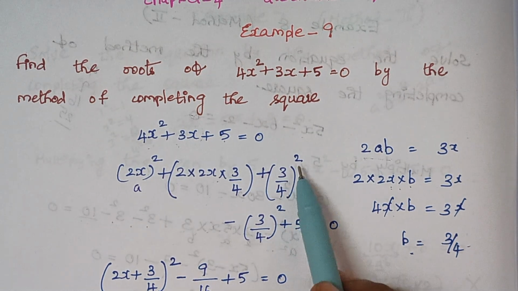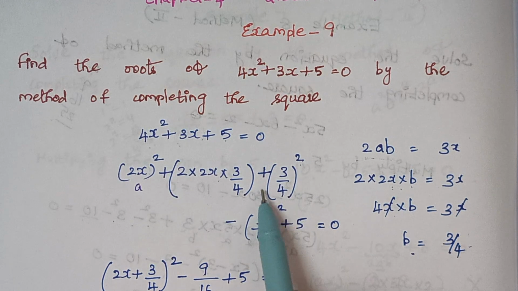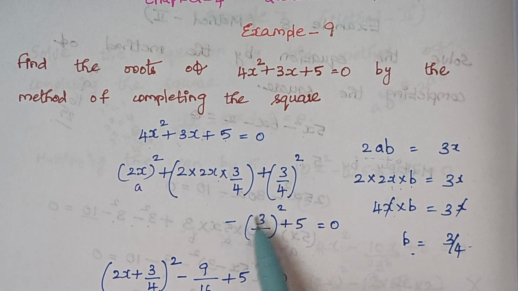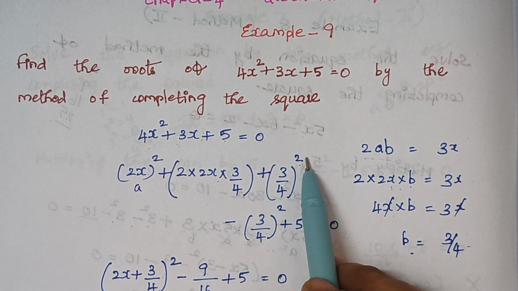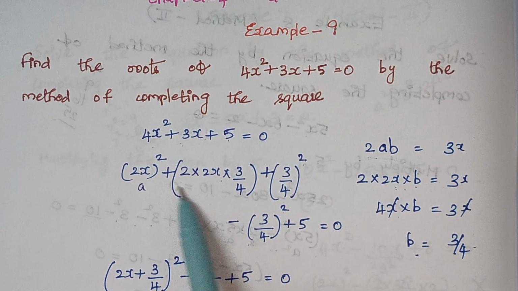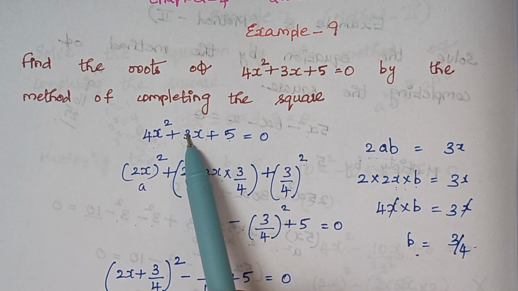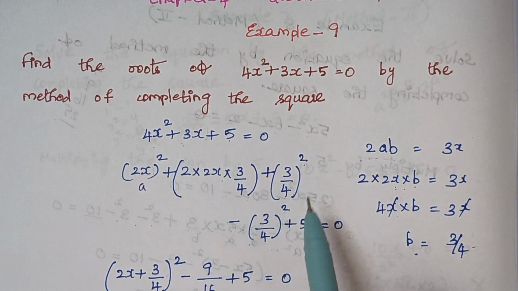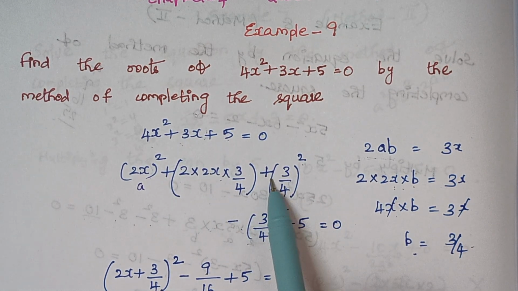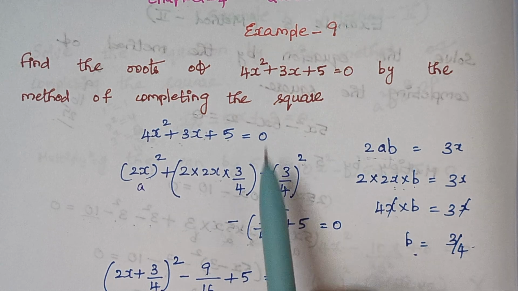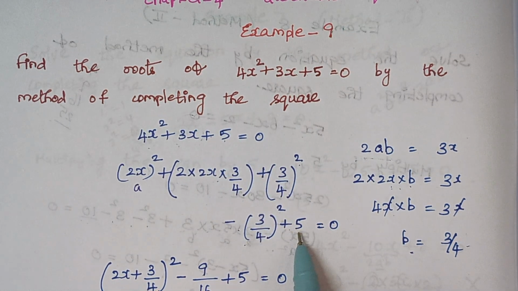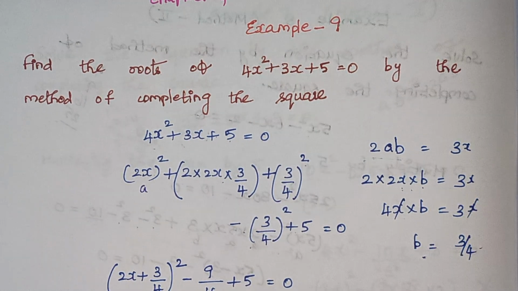Therefore 3 by 4 whole square. Since we are including this term, we are introducing a minus term also so that these two terms will cancel and here we will be getting our original equation back. Therefore, we are including plus b square and minus b square and this plus 5 remains as such which is equal to 0.